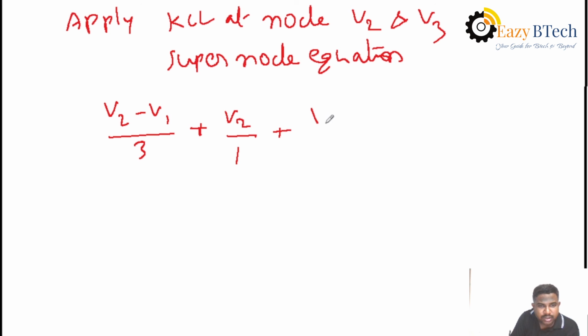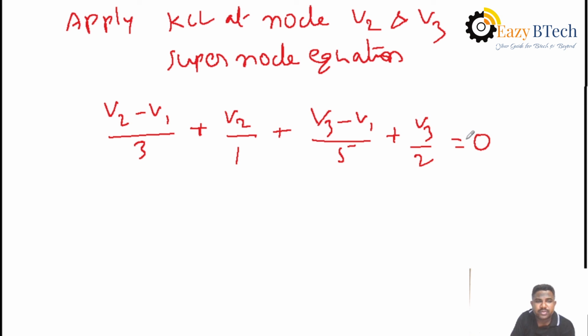For node 3, 5 ohms is connected, that is (V3 minus V1) by 5, plus V3 by 2 equals 0. This equation is called the super node equation. By combining two node equations at a time, that is called a super node.